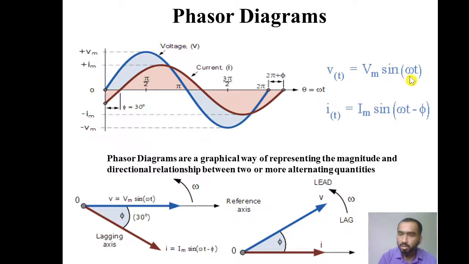Means sine 0, sine 30, sine 90. You can see that if you calculate sine of 0 degrees, you get the value 0.